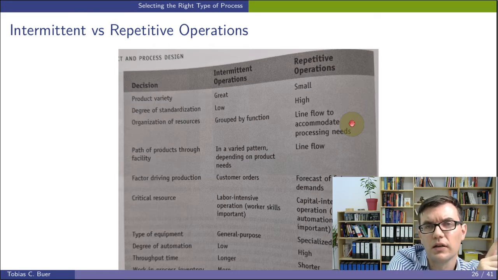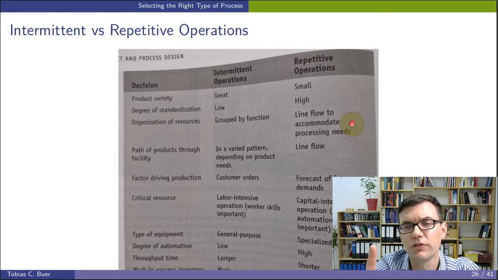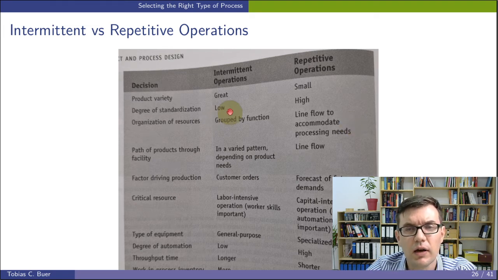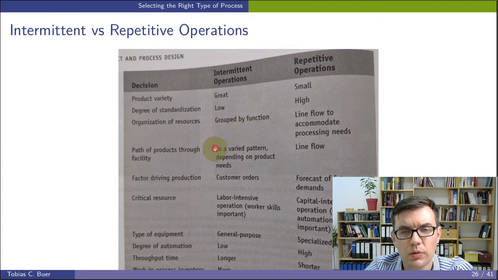The product is flowing through the factory floor and is passing by all the required machines. And that also means that every product passes the same machines, while for the intermittent operations, only a selected subset of machines is used.